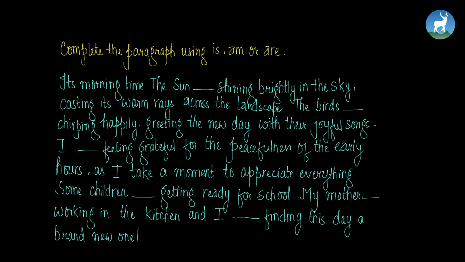I dash feeling grateful for the peacefulness of the early hours as I take a moment to appreciate everything. Some children dash getting ready for school, my mother dash working in the kitchen, and I dash finding this day a brand new one.